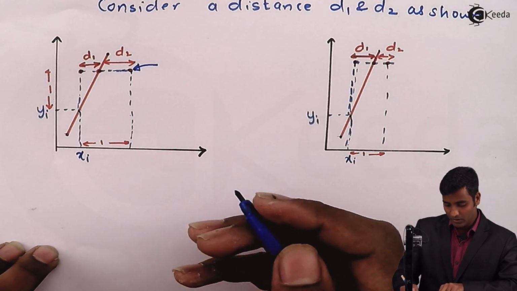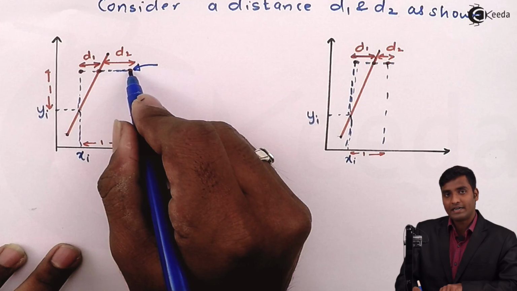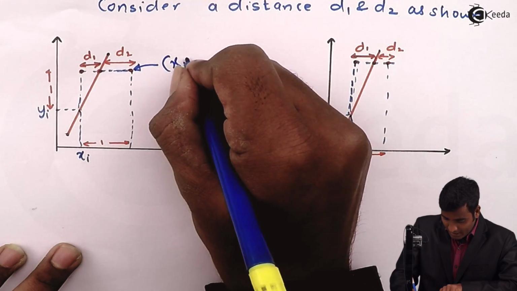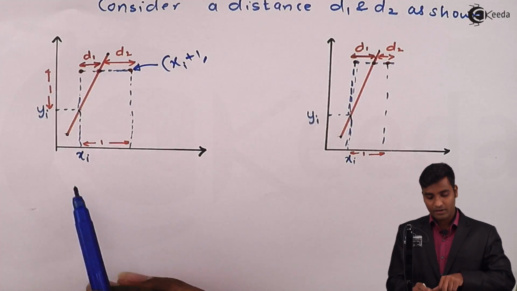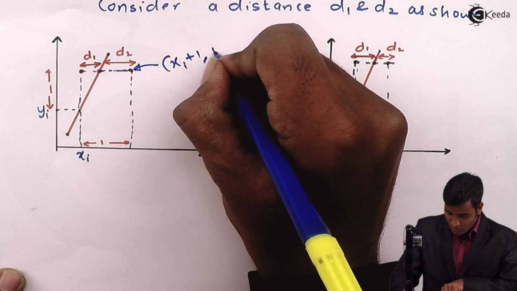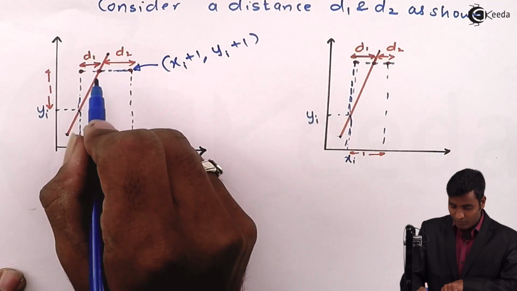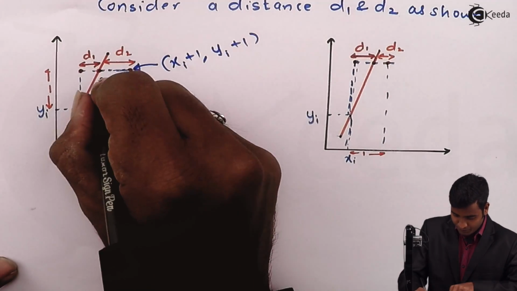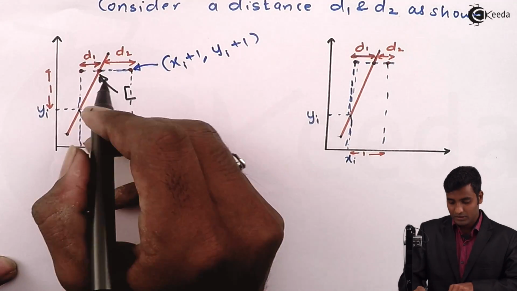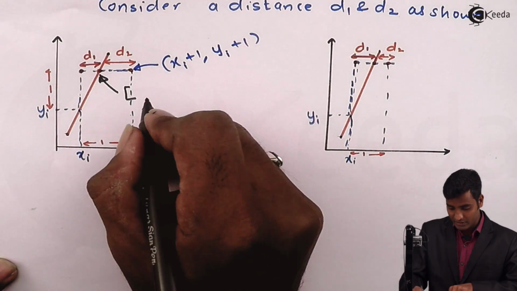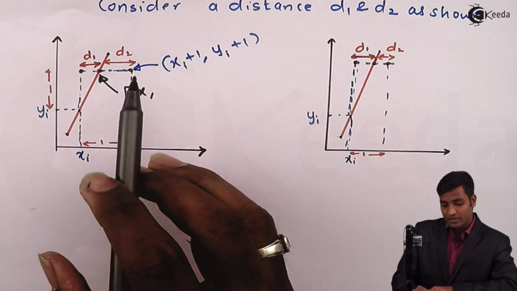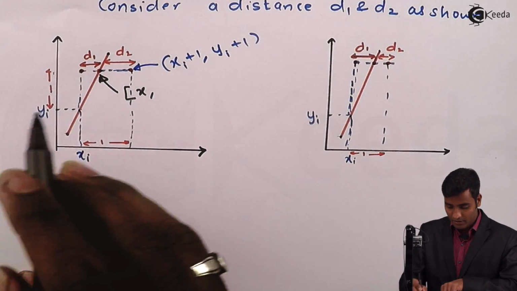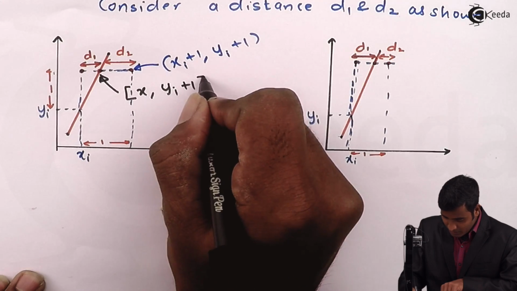For this point, the x coordinate will be xi plus 1 and y coordinate is yi plus 1. For this point, the x coordinate is x, which is unknown, and the y coordinate is yi plus 1.